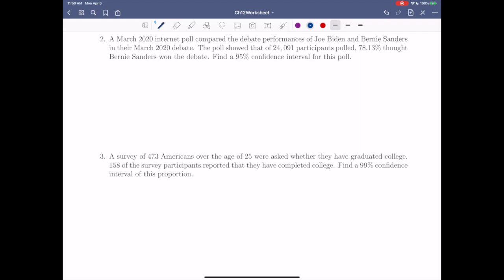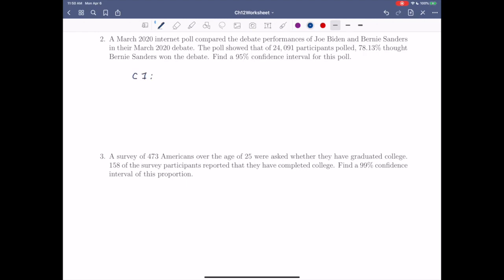I want to find a 95% confidence interval for that population proportion. Of the population of all the people, what is the proportion of people that thought Bernie Sanders won the debate? So we're going to use our survey of 24,000 people.